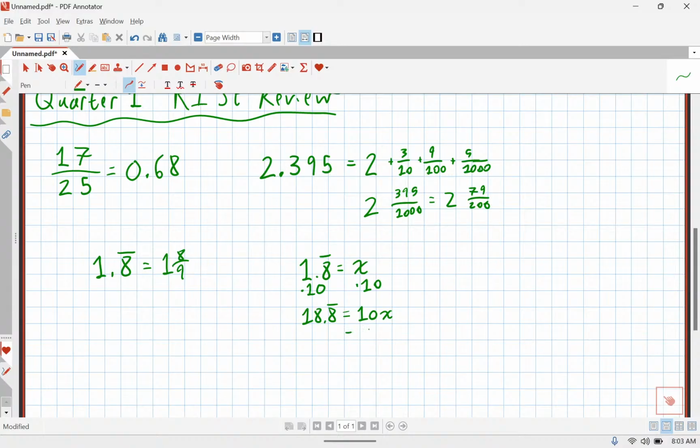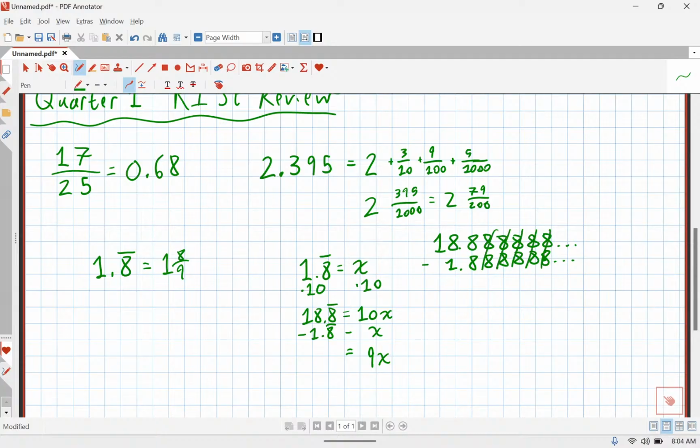It's because I want to take away an x from both sides. What's 10x minus x? 9x. Oh, no, not 10, 9x, right? But didn't I just say that x is 1.8 repeating? If I had 18 point an infinite number of 8s like this, minus 1 point an infinite number of 8s like this, what would happen to all those 8s?